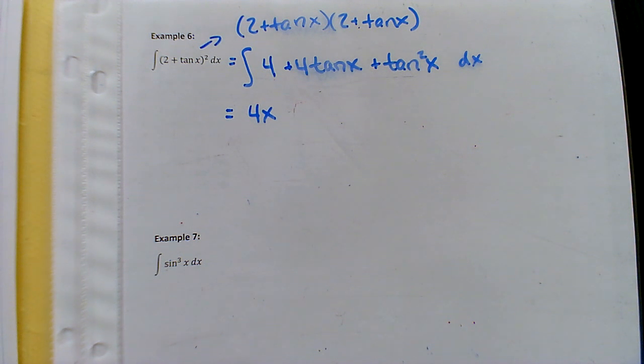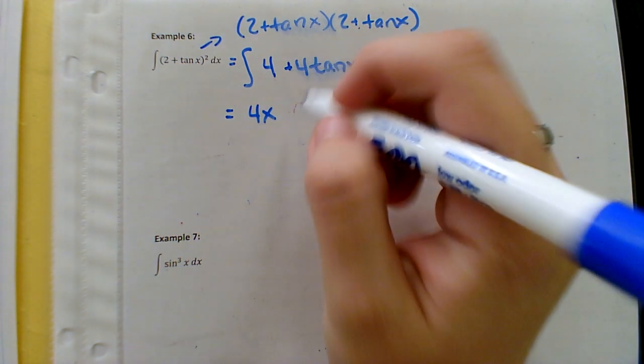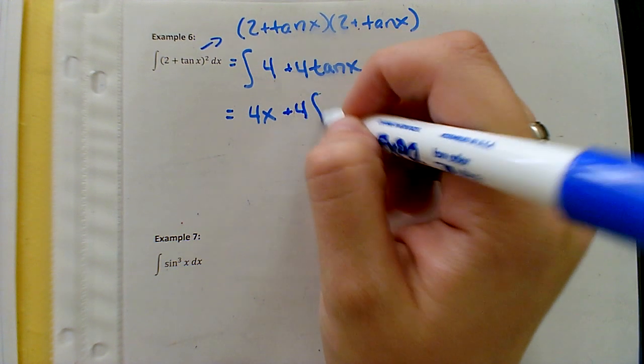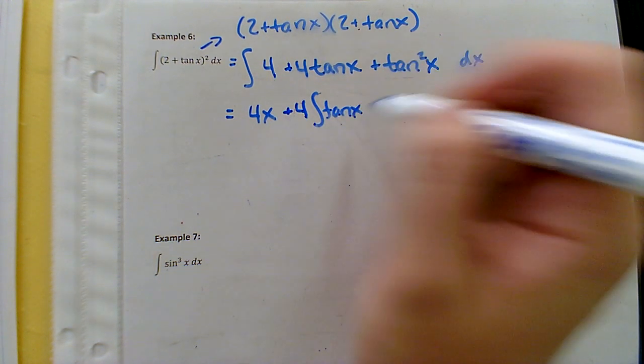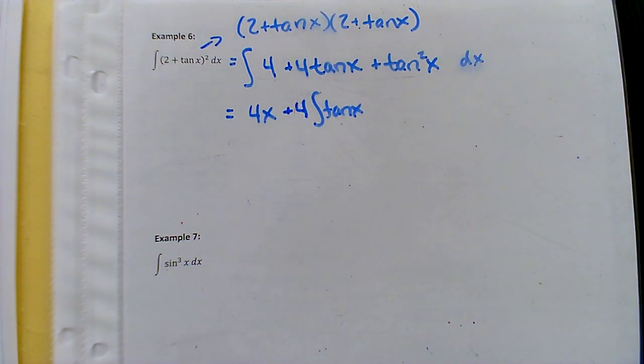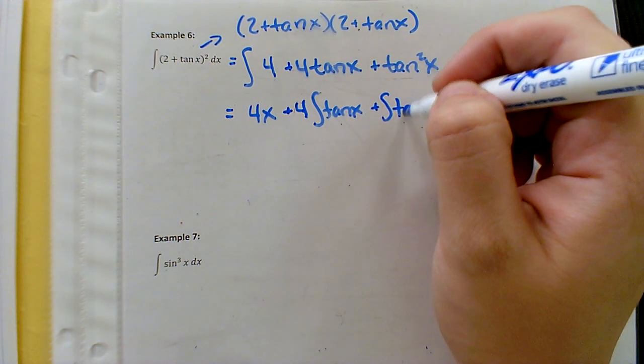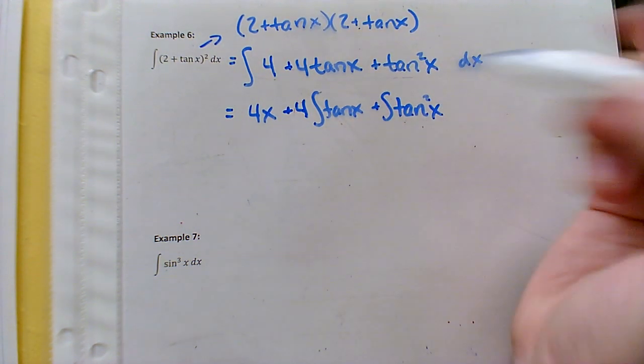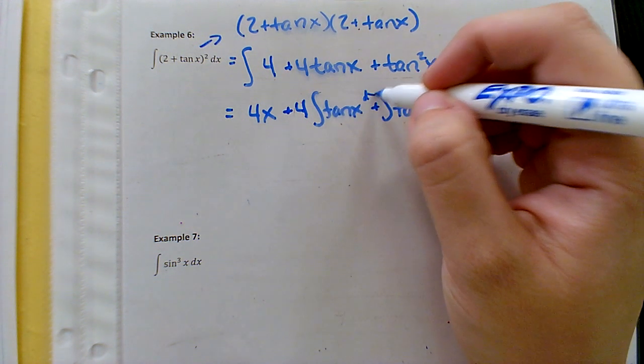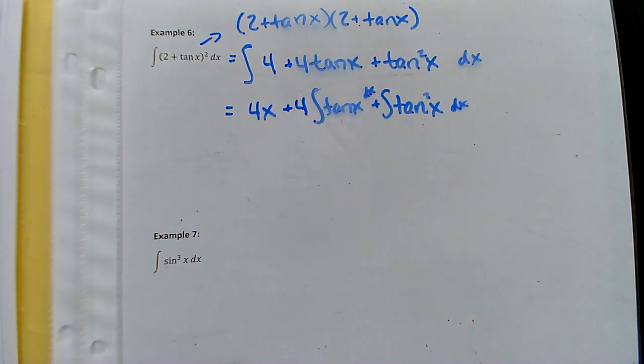It was secant tangent, I think, one of them. So this one might be a little tricky. We're going to have to think about this one. Maybe we'll pull the 4 out, since it's a coefficient. Tangent squared: if we can't easily find the antiderivative of tangent, probably tangent squared's out there too. Should have a dx there.